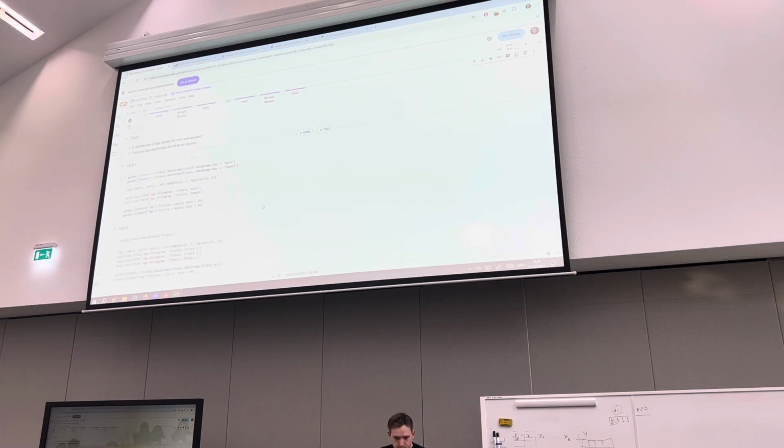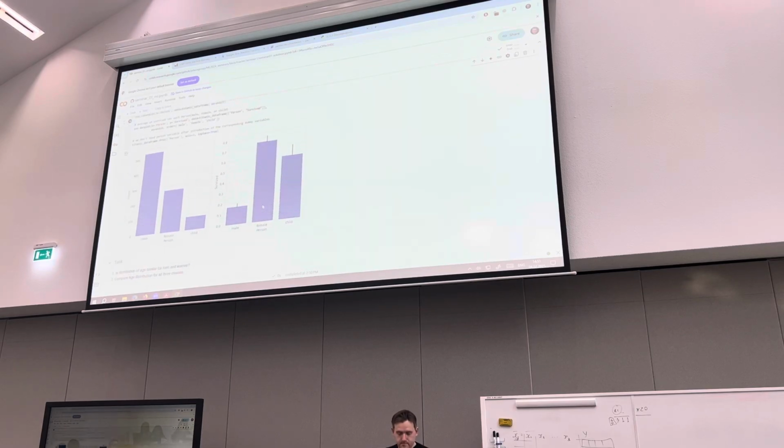Well, it's time for another task. So this task is quite short. Please study if the distribution of age is similar for men and women, and please compare age distributions for all three classes.